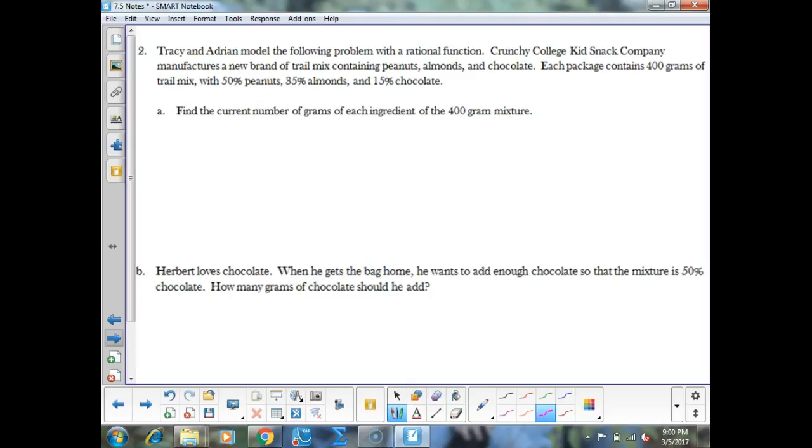Each package contains 400 grams of trail mix with 50% peanuts, 35% almonds, and 15% chocolate. My first question: find the current number of grams for each ingredient of the 400-gram mixture. I've got 400 grams, 50% of which, so that's 0.50, is peanuts.